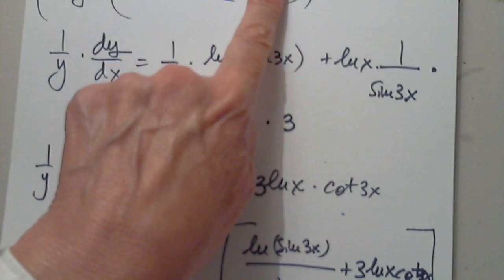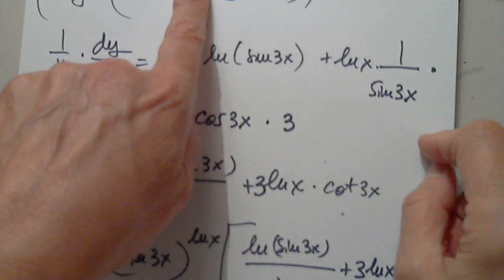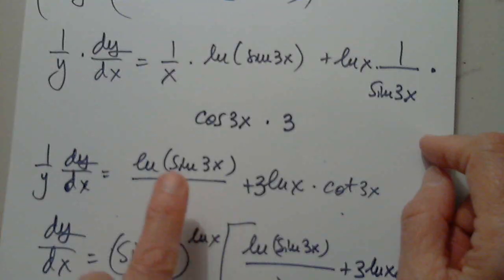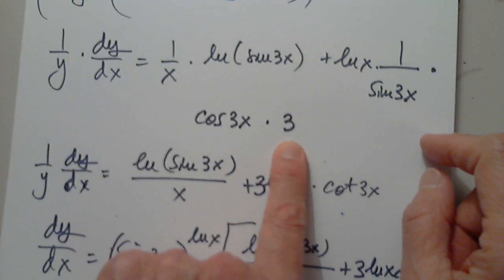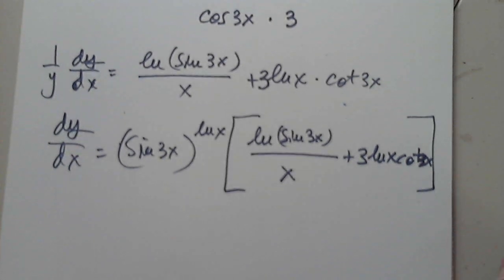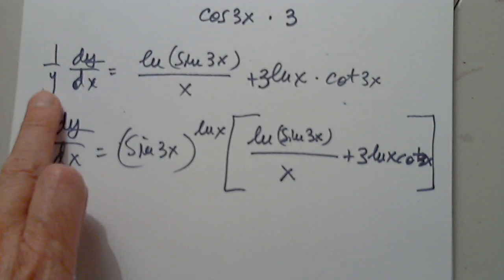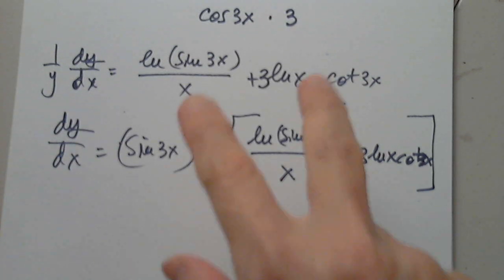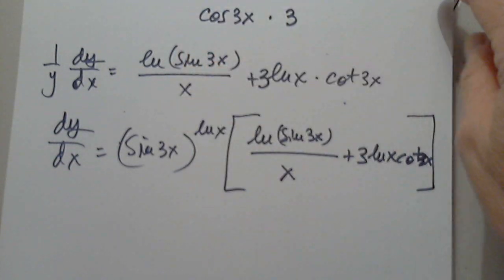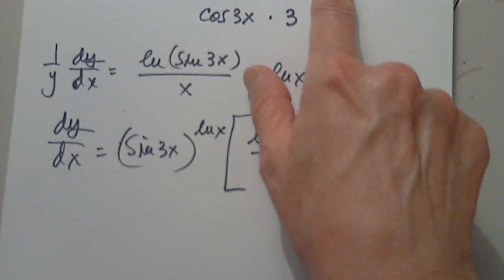1, 2, 3 functions. First I differentiate natural log, 1 over sine 3x. Then I differentiate sine and I have cosine 3x. And then I differentiate 3x, which is 3. And then I just condensed a little bit, and then multiplied by y. So I wrote this here, and then cosine over sine is cotangent, and 3 goes in front.